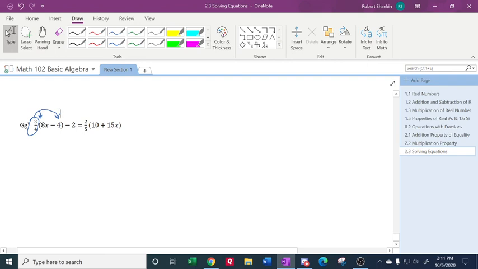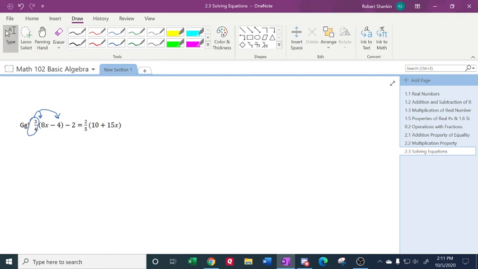Okay, now to distribute the 3/4 times the 8x, it's one of the ones that seems kind of strange, but it actually will go a little bit easier if you do the work just in your head without writing it down.